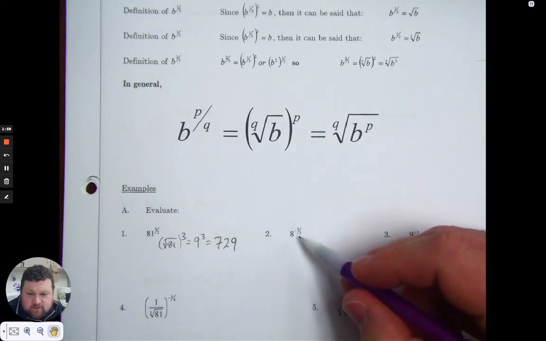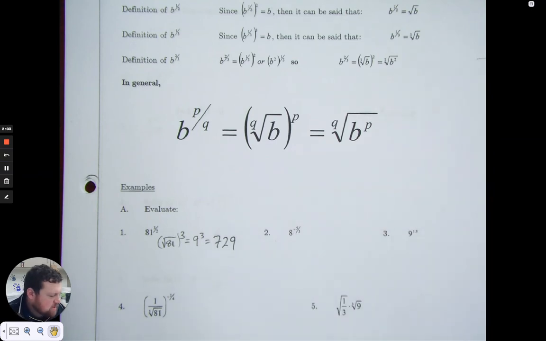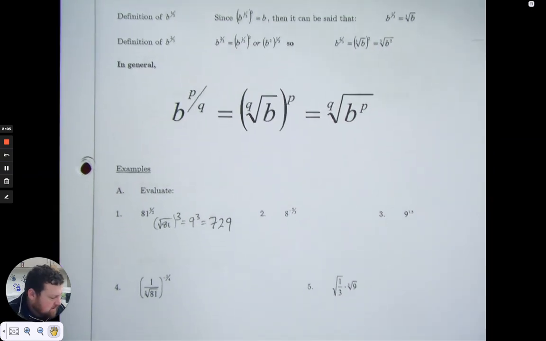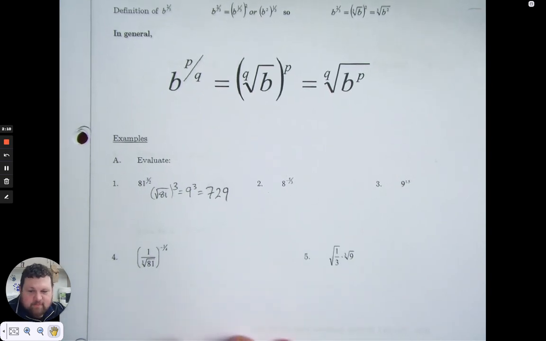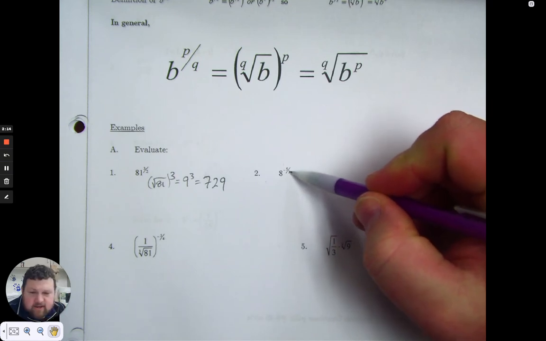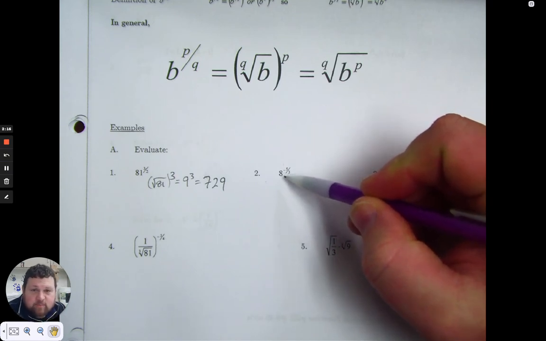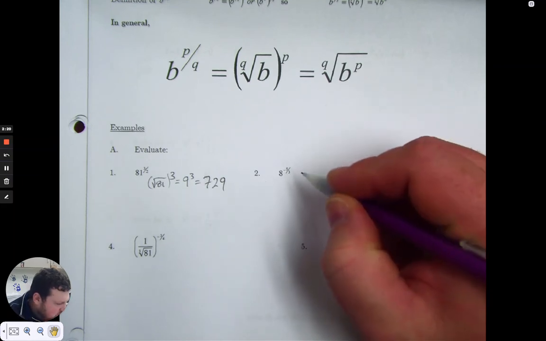Number 2, we have 8 to the negative 5/3. Well, we have this cube root that has to happen because of the divided by 3 up here in our exponent. 8 is a perfect cube, so the easiest thing to do is to write it out where that is the cube root.